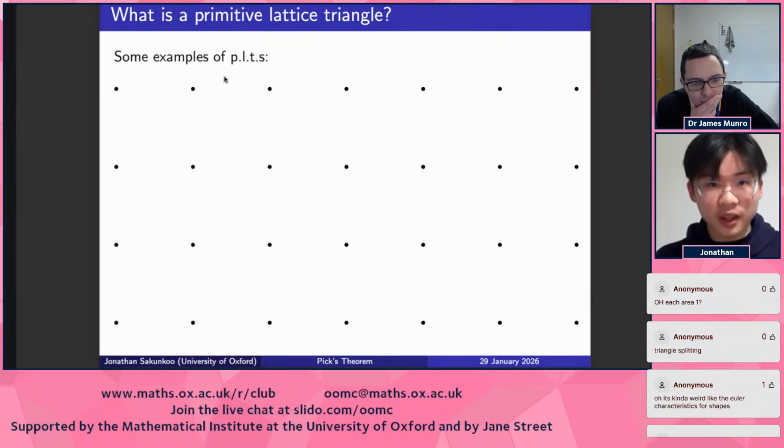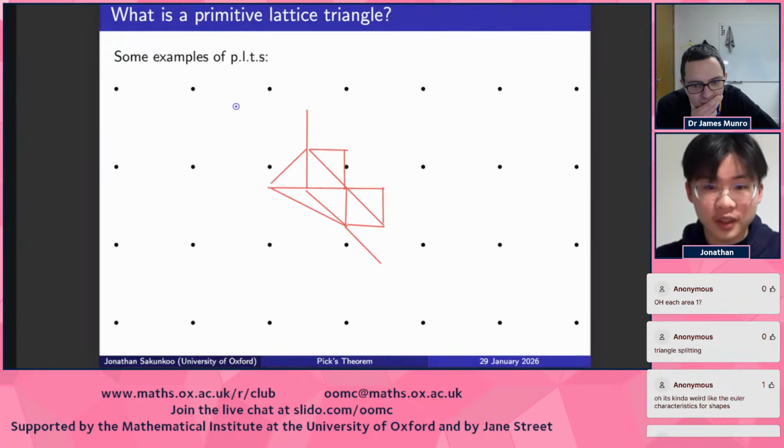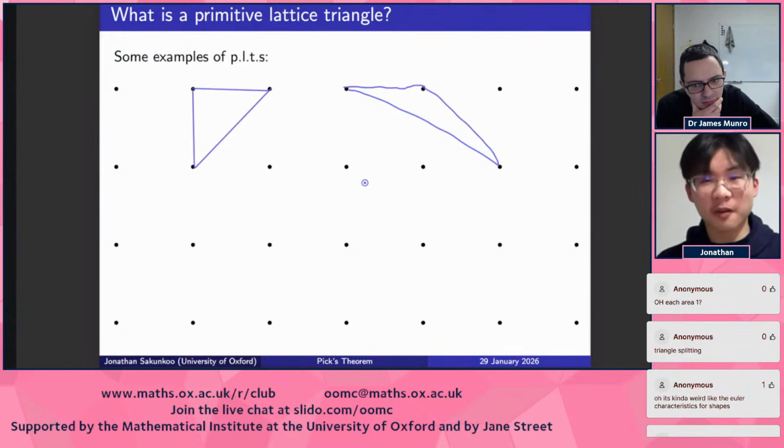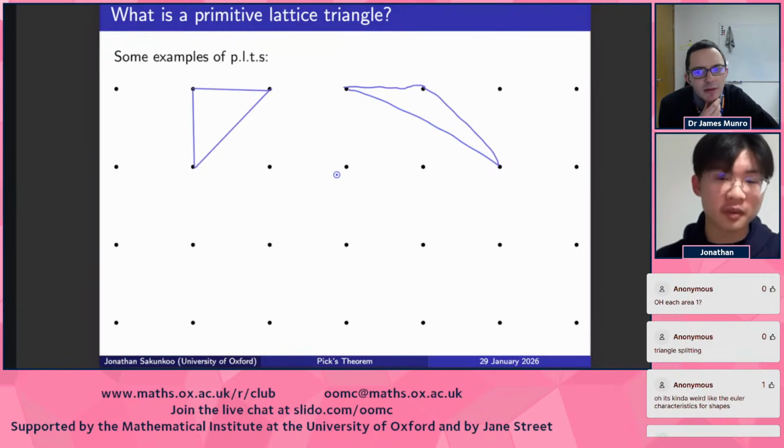So I've already drawn a lot on the last slide, but some examples of them would be this one, because notice that there are no points on the inside, like that one's over here, it's not in there. And the only points on its boundary are its corners. And so another example might be this one, or you can draw one at home. There are a lot of different kinds of primitive lattice triangles.